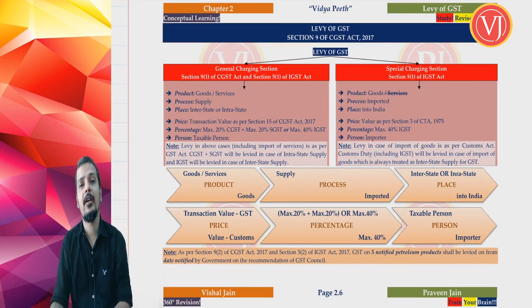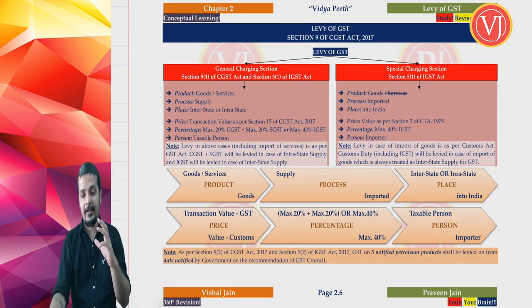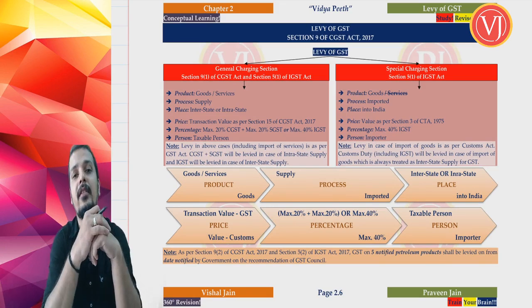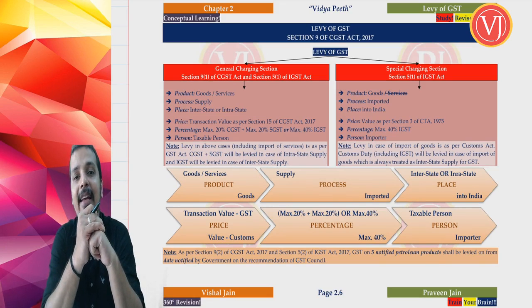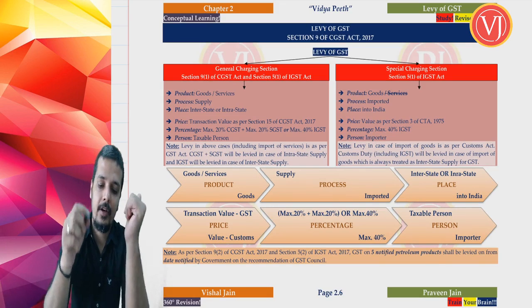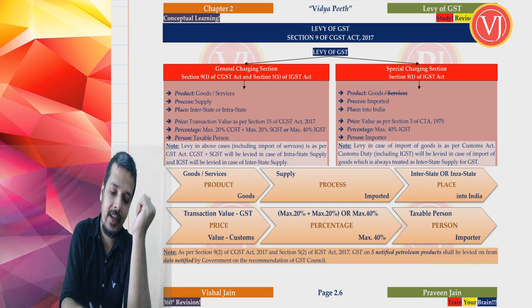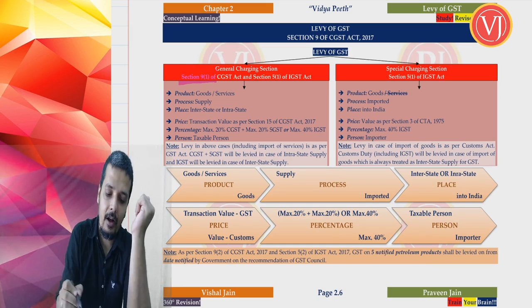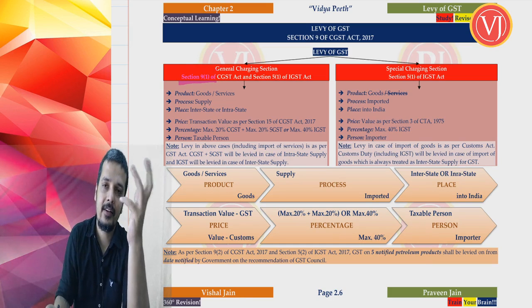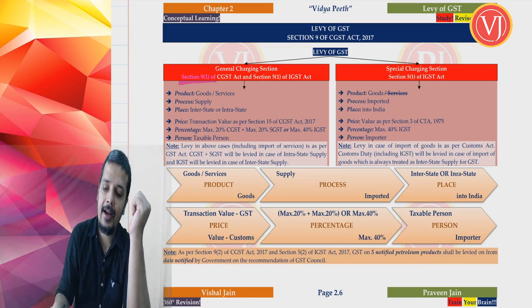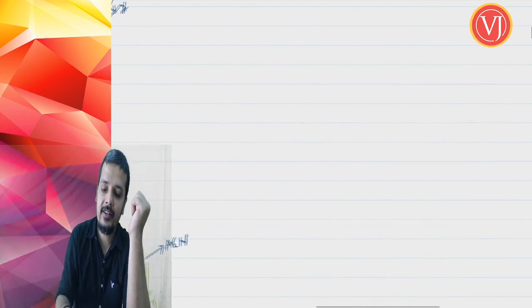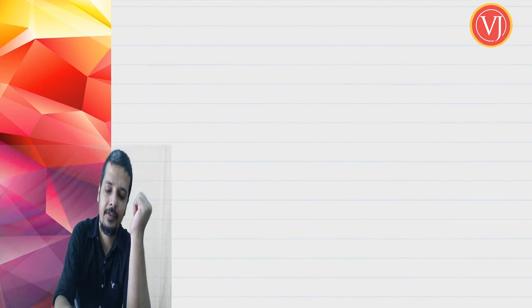Now friends, we are talking about the next part of the same discussion, where you are going to discuss the charging section, section 9. Basically the charging section of the GST Act is section 9 of the GST Act, and the corresponding charging section in the IGST Act is section 5.